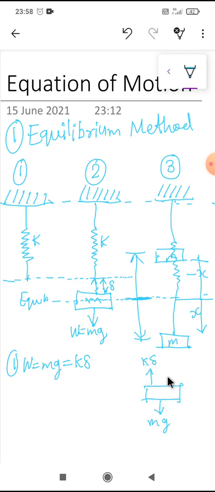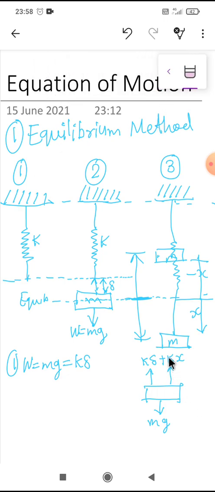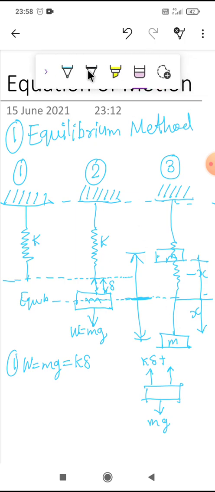So what is the remaining term? Since it has moved a distance x, that is k into x. If I sum both the forces, I will get the force as k into (delta plus x).